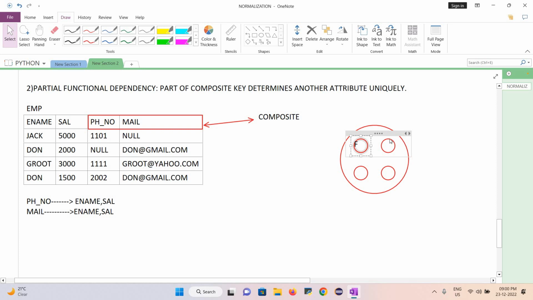Oh my god, what happened for this? Father, mother, son, daughter. So try to adjust. Okay, so now it will be set.